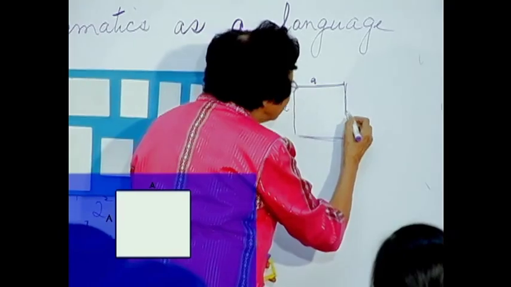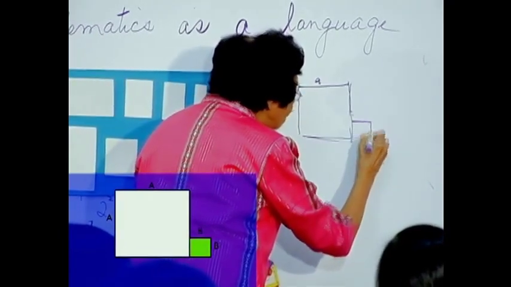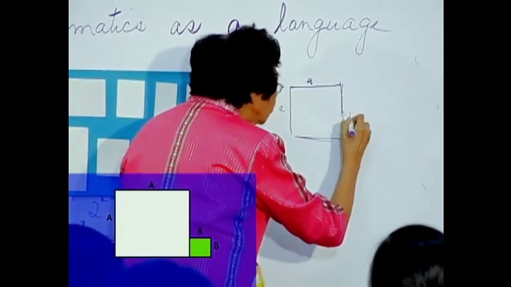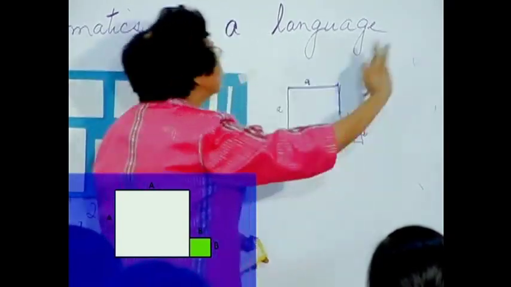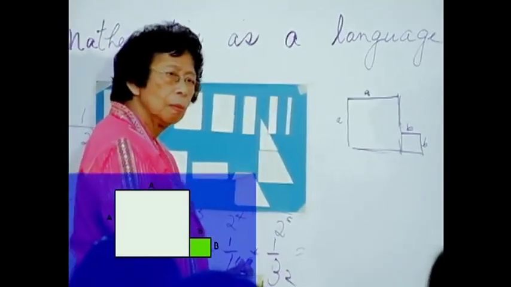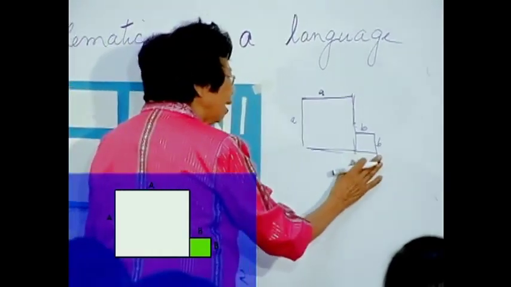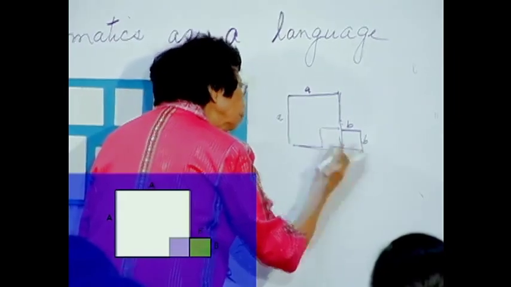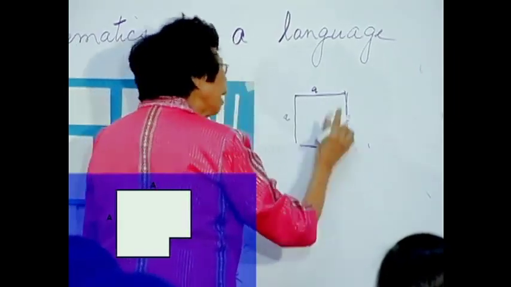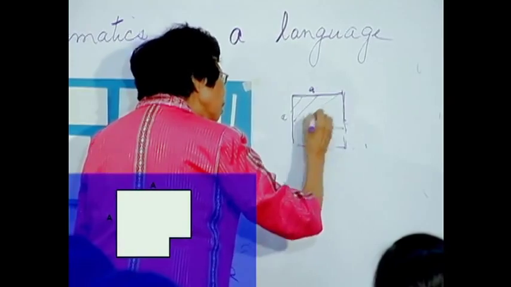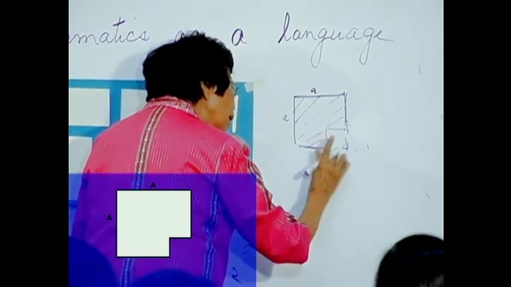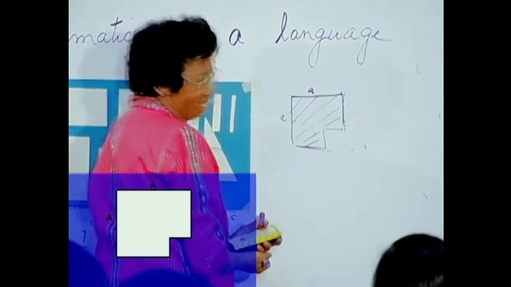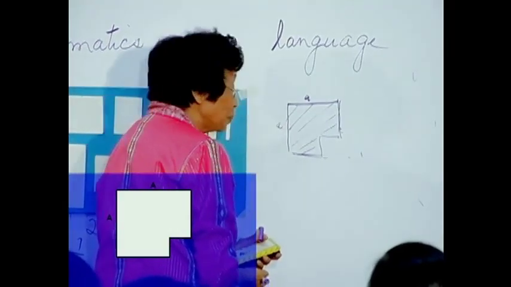Supposing this is B, this is B, what's the total area now? A squared plus B squared plus B squared. Supposing I put this inside, not there. So what's the area originally? A squared minus B squared.